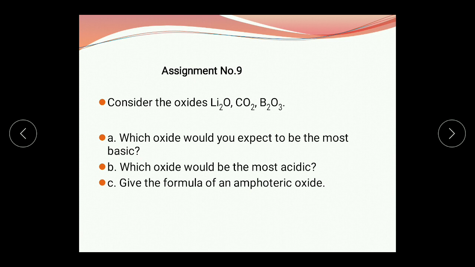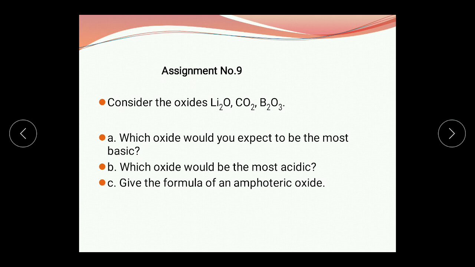Then we learned about the electronic configuration in groups, then in blocks, then in periods. Again, we saw in detail the block-wise characteristics of the elements, that is, characteristics of s block, p block, d block as well as f block elements.